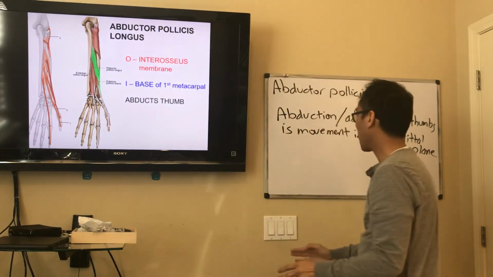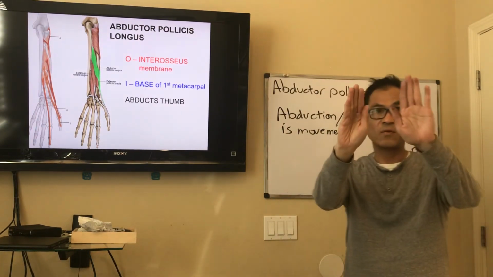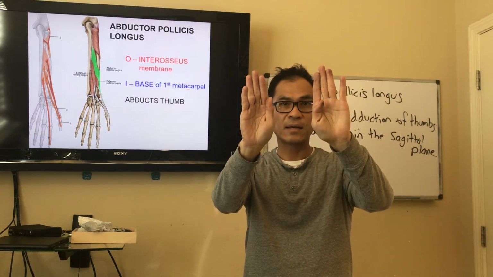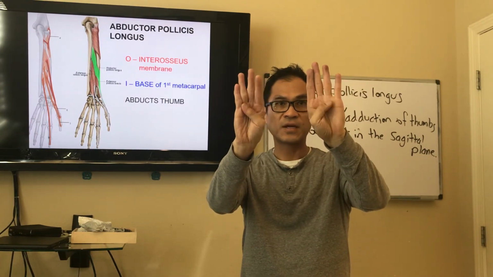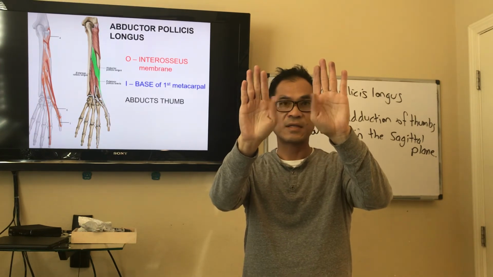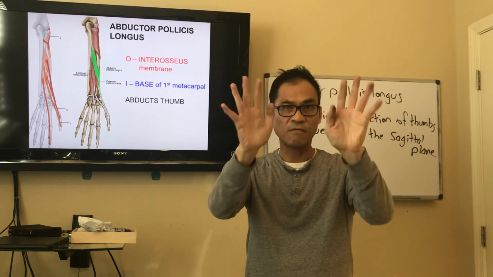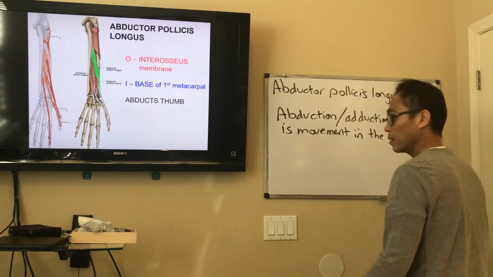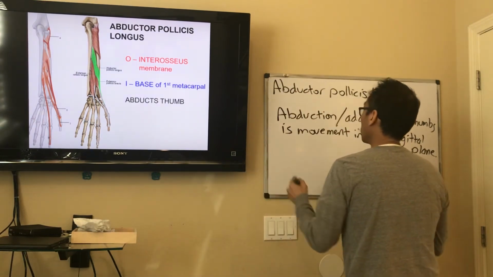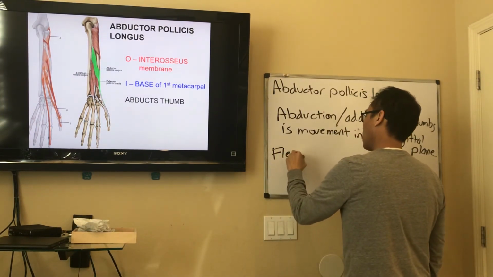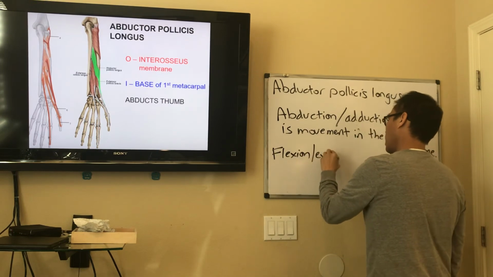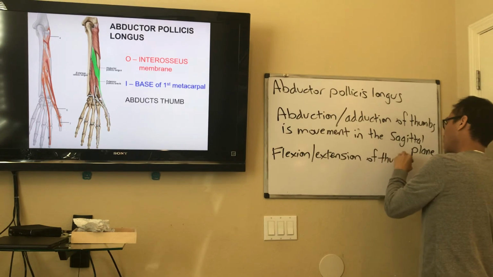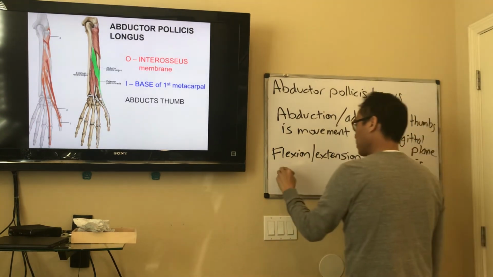So it's the same thing for flexion, extension. Flexion, extension is when you move your thumbs back and forth like windshield wipers, not out and back. That's abduction, adduction. This is flexion, that's extension. That's flexion, extension of the thumbs, movement in the frontal or coronal plane.